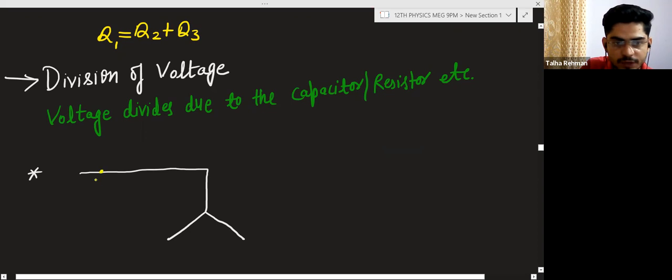So the potential at point A, at point B, at point C, at point D, at point E is V, and at point F is V.